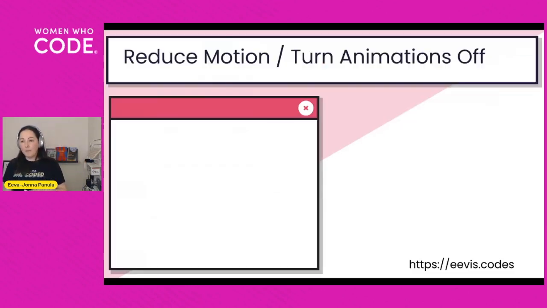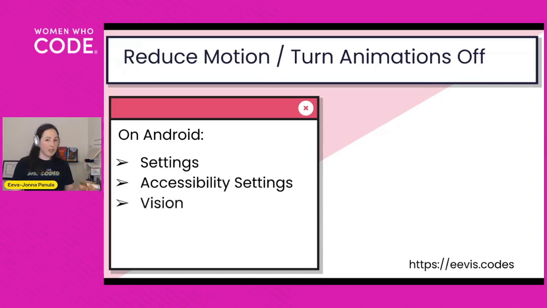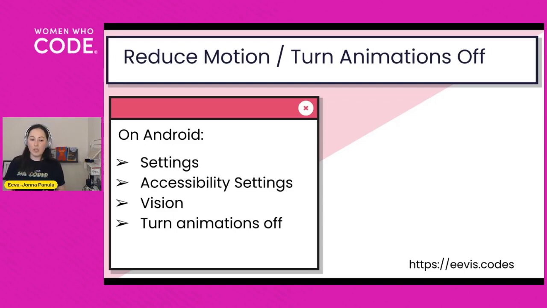And if you want to test this setting on your Android phone, you can find it from settings, and then it's usually under accessibility settings, and then there's something like vision, or it might be under something else. On my phone it's vision and then turn animations off, but it might be something else.